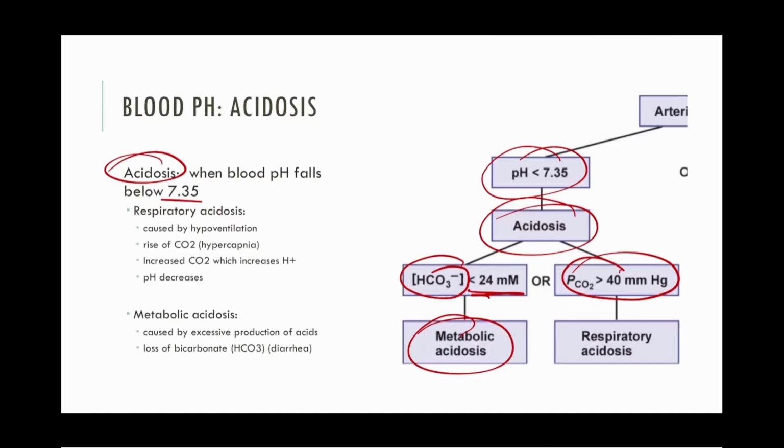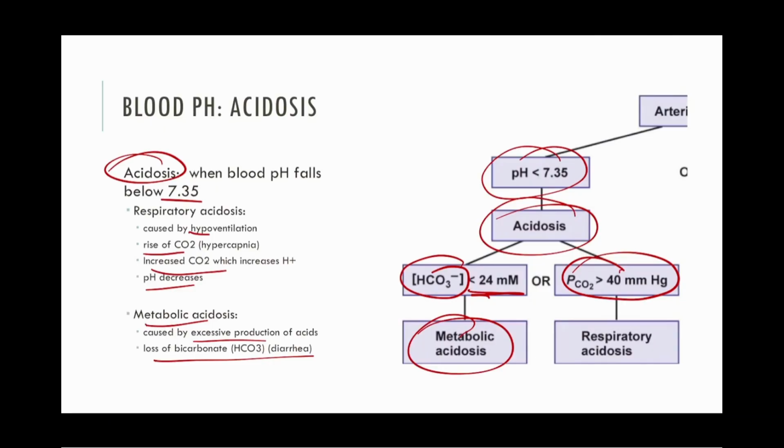Respiratory acidosis is caused by hypoventilation, a rise of CO2, increased CO2, pH decreases. These are all things causing acidosis due to respiratory. Metabolic acidosis is excess production of acids, or loss of bicarb, as in with diarrhea. People have profuse diarrhea for many days.